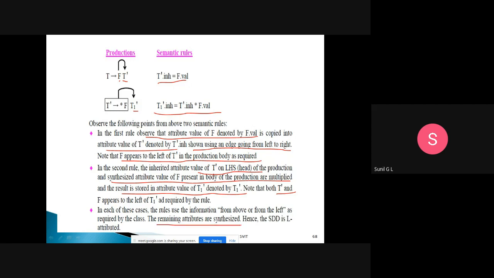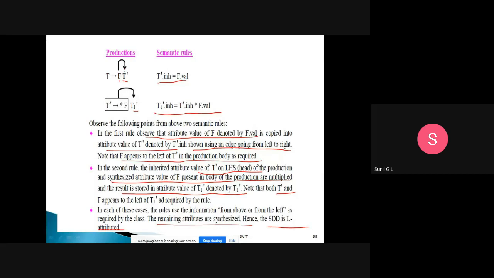Remaining attributes are synthesized in an SDD that is L-attributed. Here data will be passed from left to right only. If you have an inherited attribute, to the left of that attribute it may have synthesized or inherited attributes. So the data is copied from left to right.